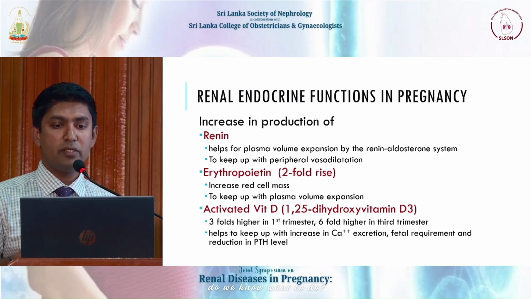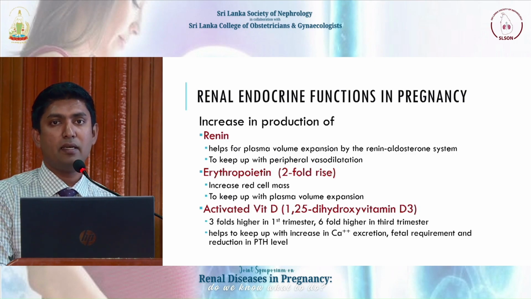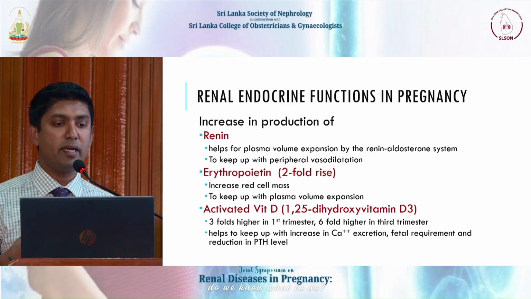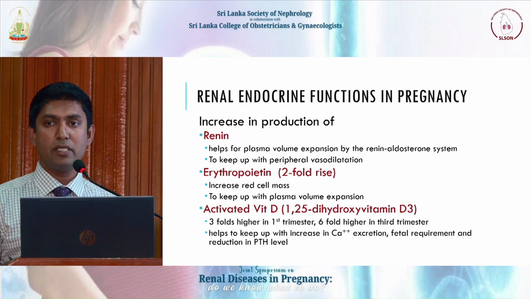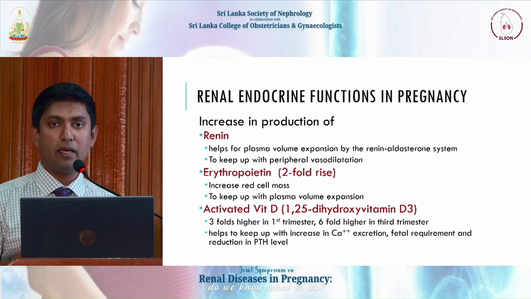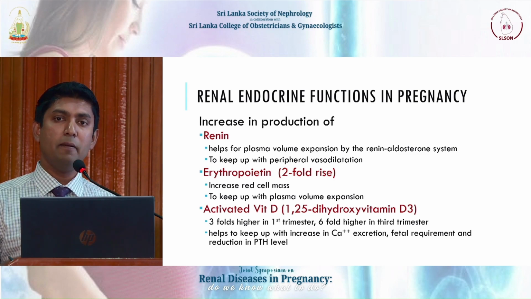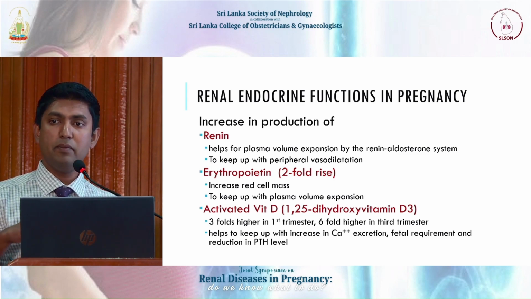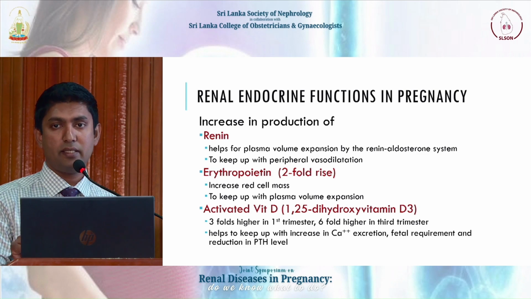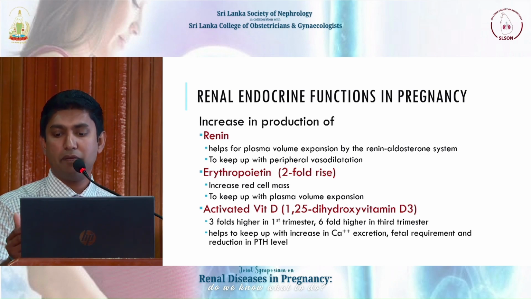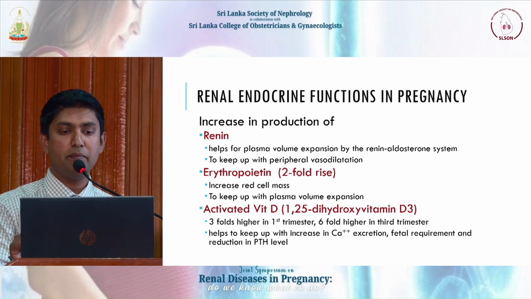Now renal endocrinological changes in pregnancy are mainly increase in renin. Now all these are adaptive mechanisms. So increased production of renin causes the renin and aldosterone system to increase the volume. Now this is a compensatory mechanism for the vasodilatation happening to prevent blood pressure drop.